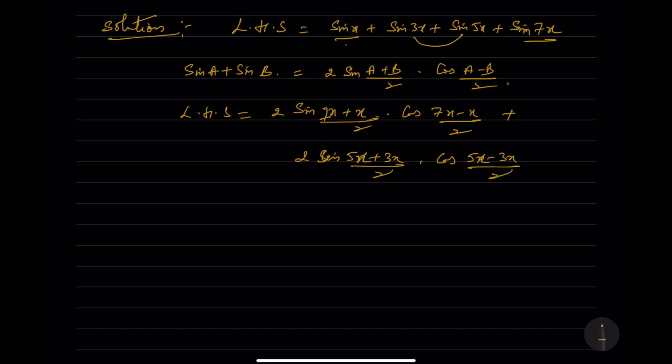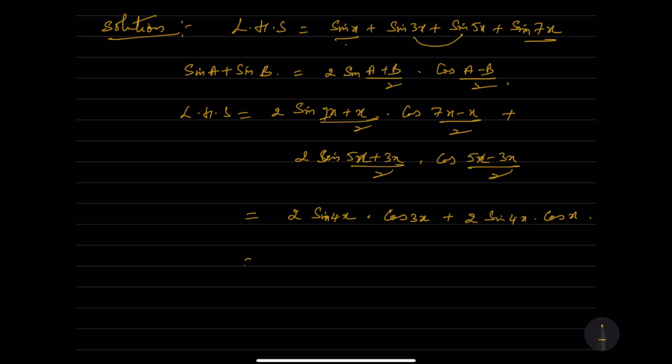So here you are going to get it as equal to 2 sin 8x by 2 is nothing but sin 4x into cos of 7x minus x is 6x, so you will get here cos 3x plus 2 into sin 4x into cos x.